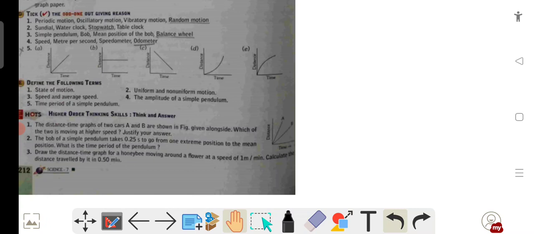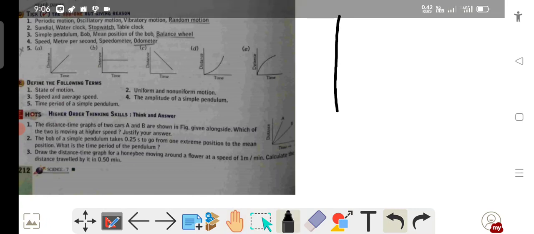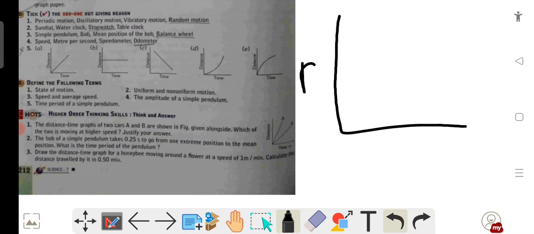At first we draw the distance-time graph. This axis is distance along y, and this is time.